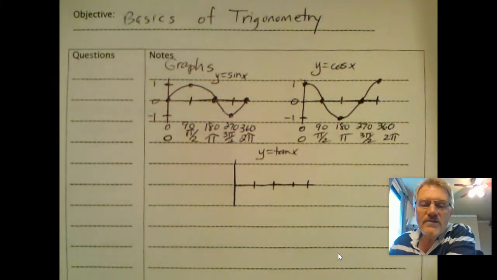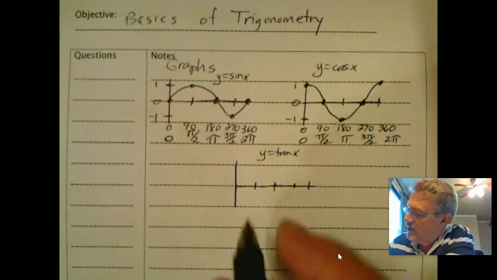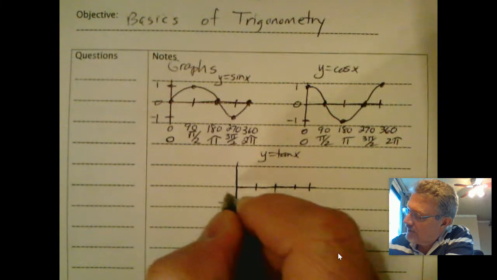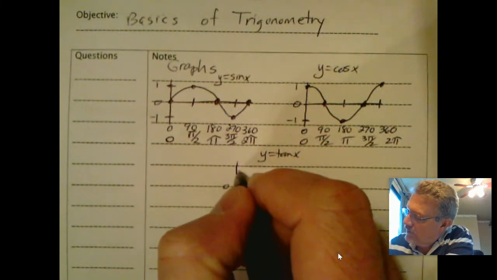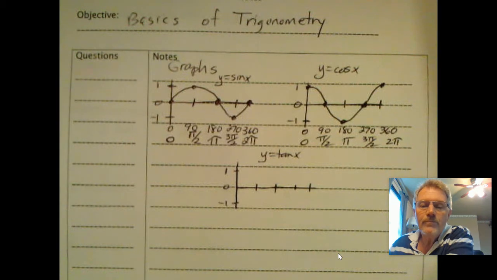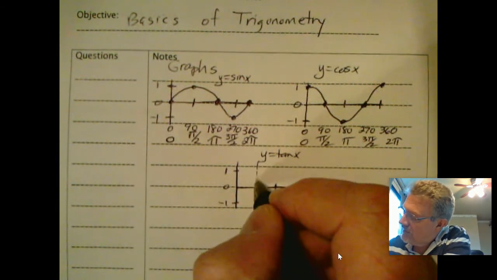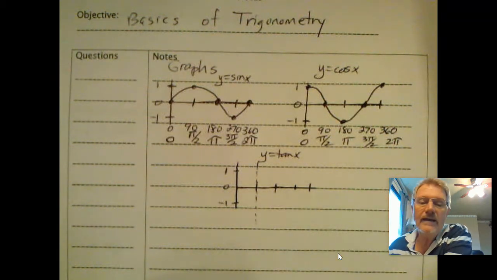This time I don't worry about the y-axis labels. I'm going to put them in there, but they aren't as important. The tangent graph is asymptotic at 90 degrees.